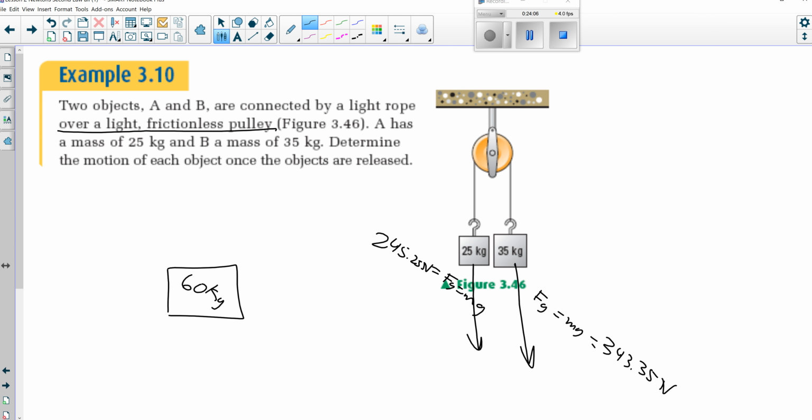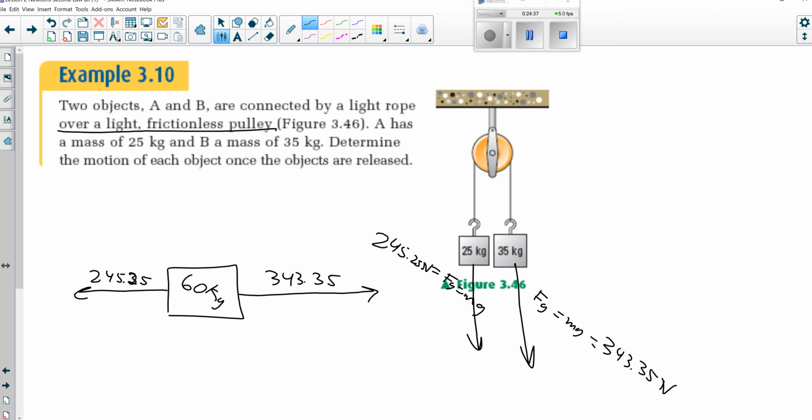That's 60 kilograms worth of mass that's being moved by the net force acting on this system. I'm going to have the force of gravity here, 343.35, and the force of gravity here, 245.25.